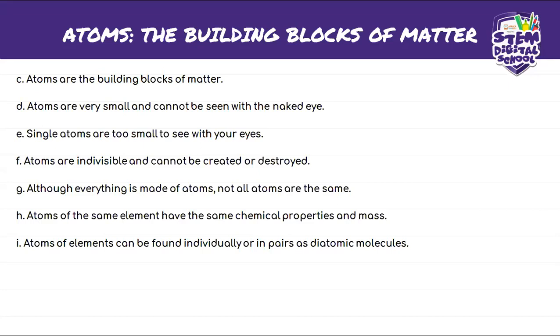Atoms are indivisible and cannot be created or destroyed. Although everything is made up of atoms, not all atoms are the same. Atoms of the same element have the same chemical properties and mass. Atoms of elements can be found individually or in pairs as diatomic molecules.